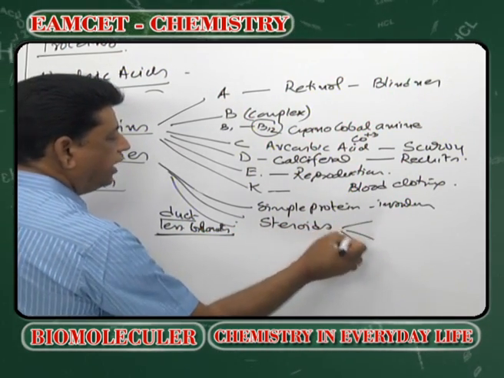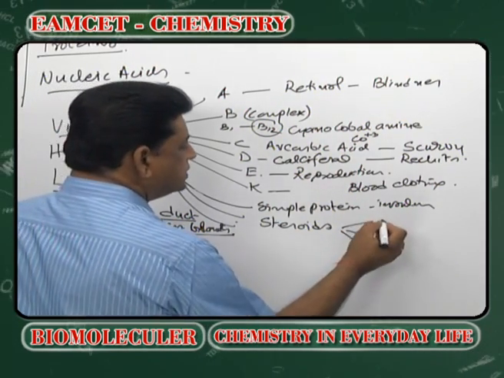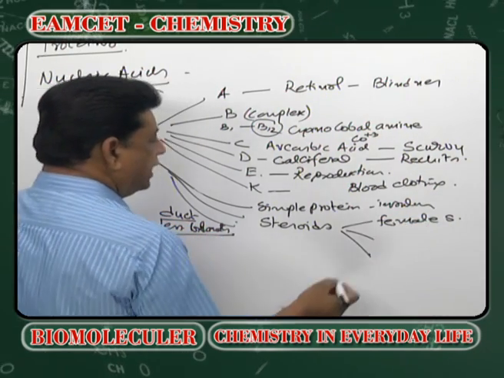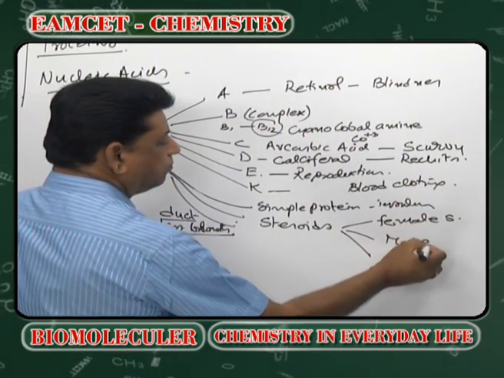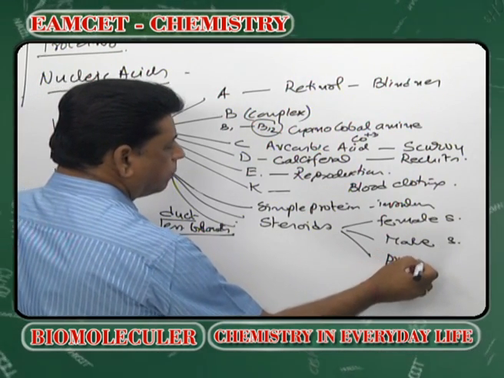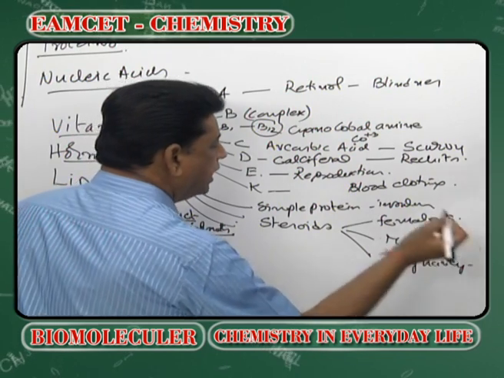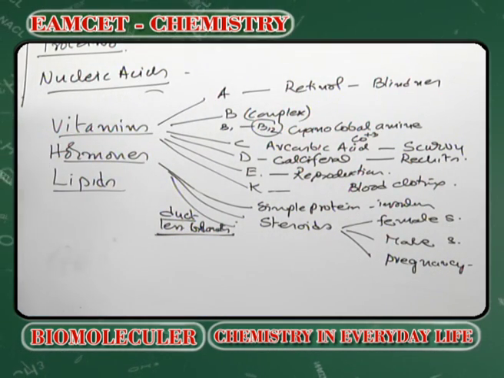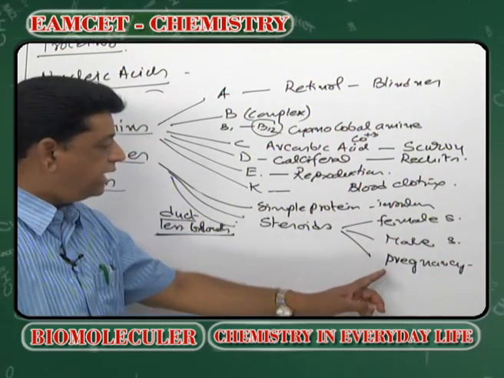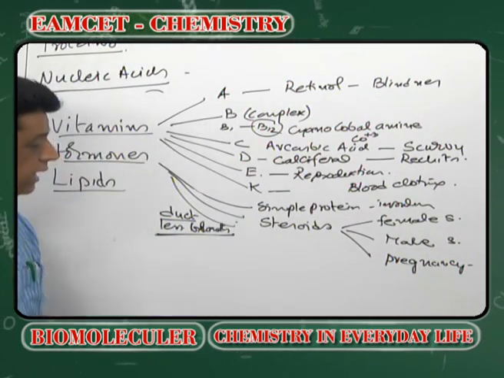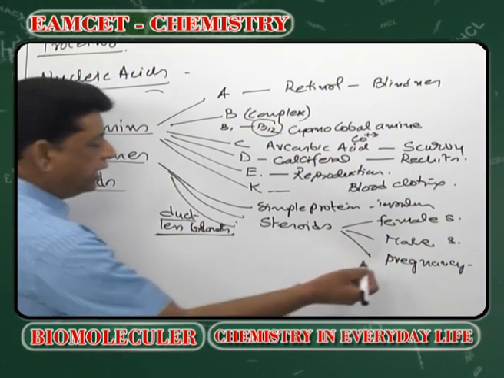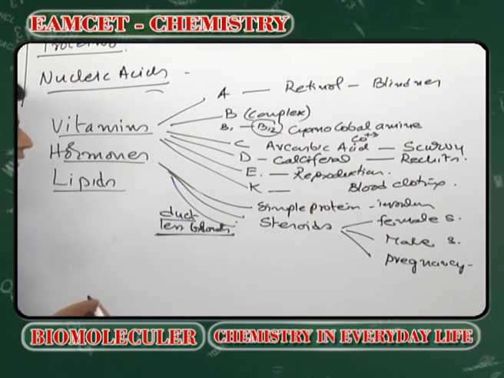In the steroids we have sex hormones, like female sex controlling and male sex controlling, and the other one is pregnancy controlling hormones. Female hormones are known as estrogens, male hormones are called androgens, and pregnancy controlling is prednisolone and so on. Such types of steroids come under this category, isn't it?